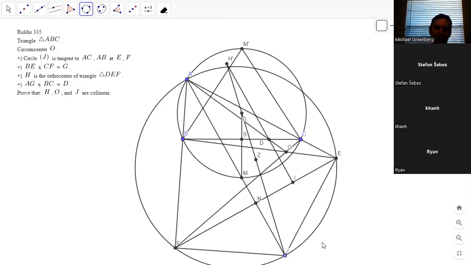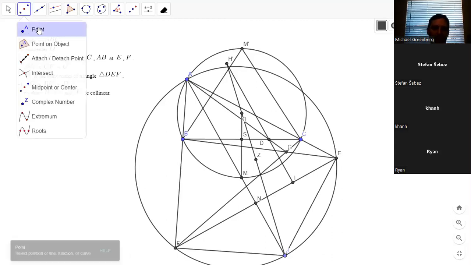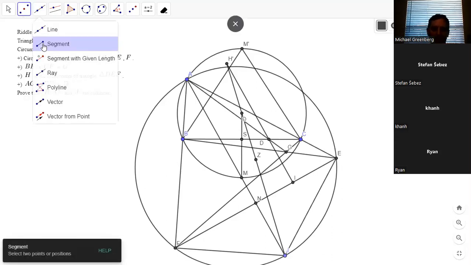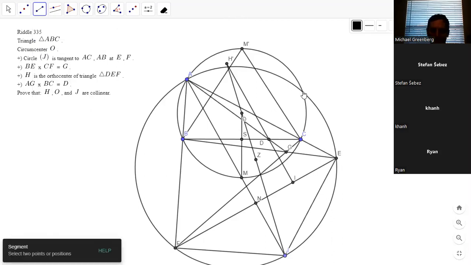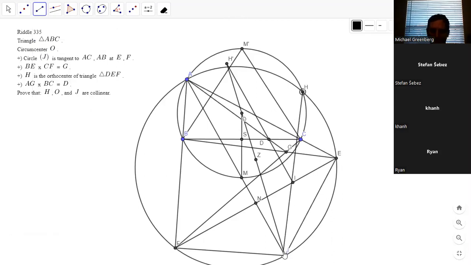Like, that spiral similarity, is there anything else that it does? Where does it take point I to?